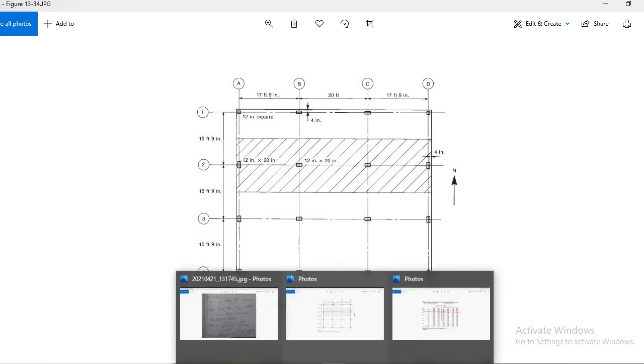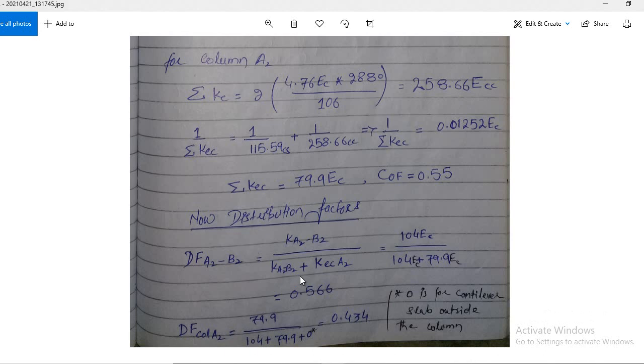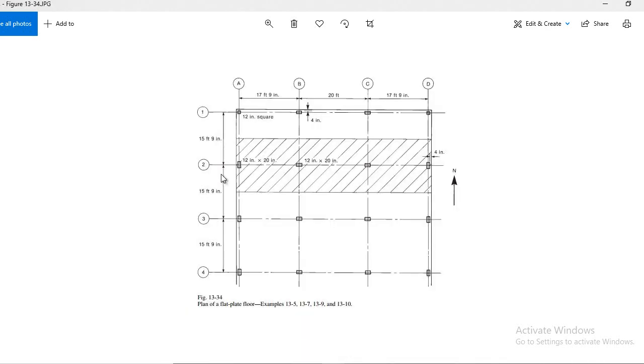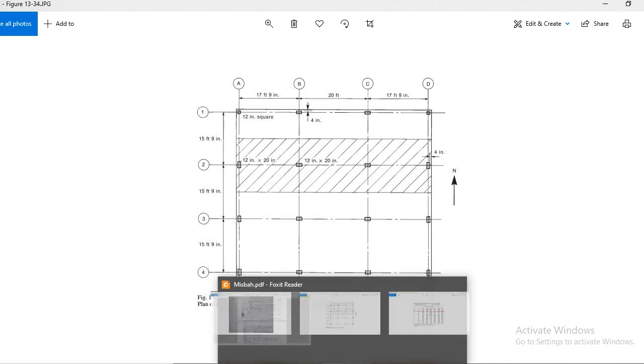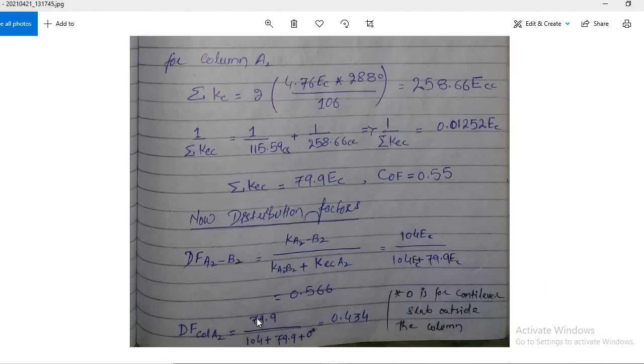Clear? And so you see here they just picked the values and did the calculation. They got 0.566. And for column A2, that is this column, they got the value of, you see, 79.9 divided by 104.